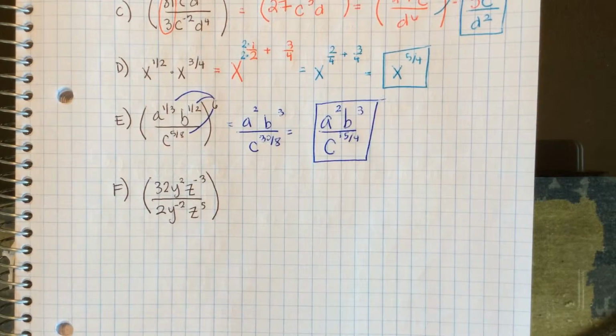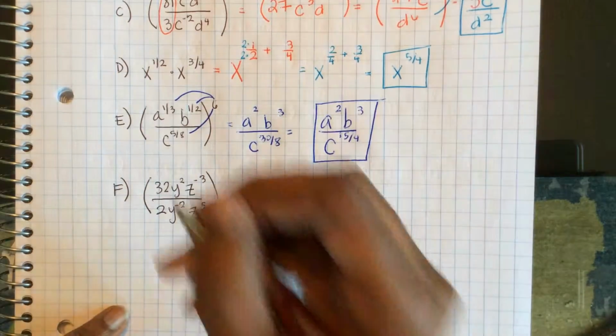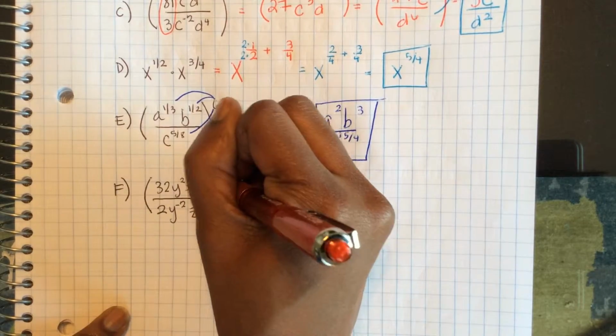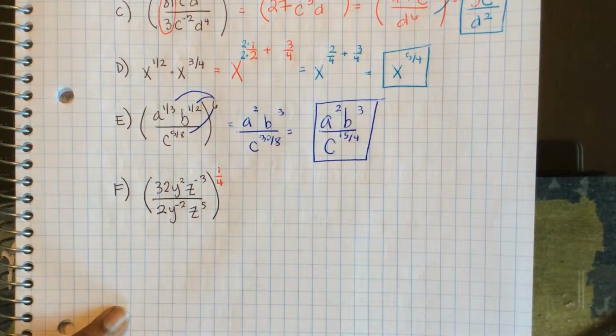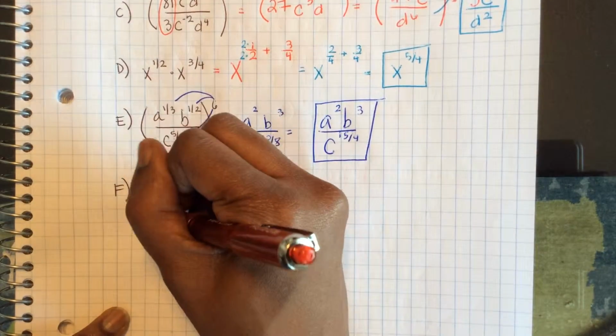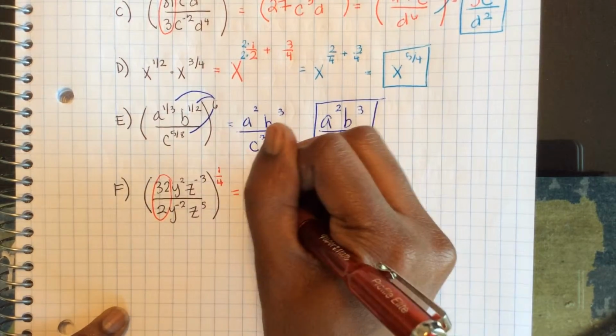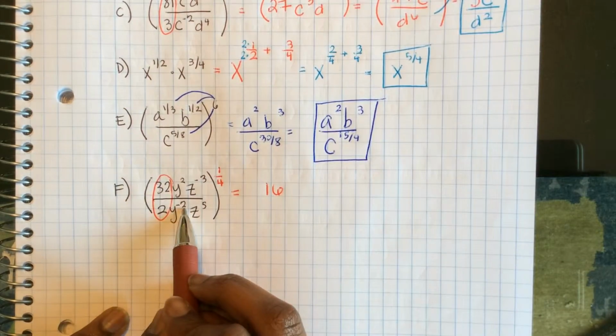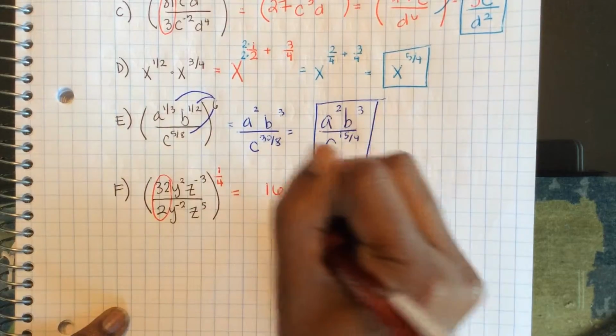All right, great. Last one. Let's see. I probably was supposed to have an exponent here, but let's see what happens. Let's make this the 1/4 power. I don't know what it was. Let's see what happens. So first, 32/2 simplifies to make 16. 2 minus -2 makes y to the 4th.